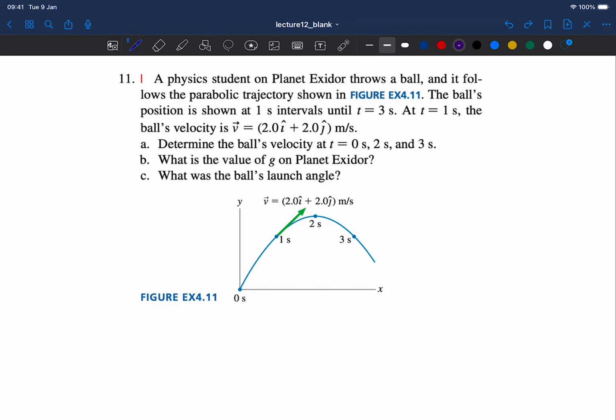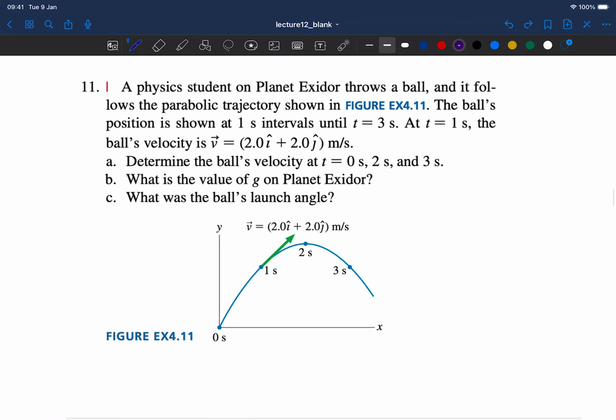The whole point of this problem is that g is not 10 meters per second squared, because that's for the Earth, and we are not on the Earth anymore. So I want to find out what the g value of this planet is. Even though g is not 10, it's going to be some value, and the trajectory of the object is still a projectile motion.